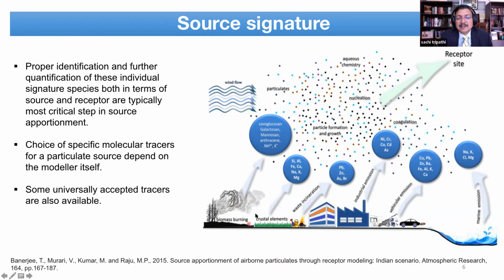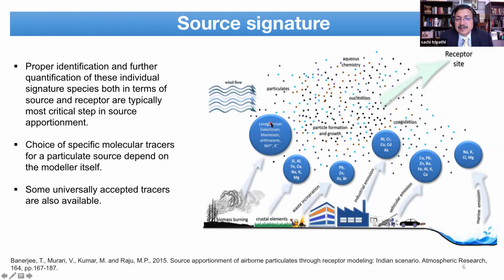There are biomass burning sources, there is land or dust coming from crustal elements, then you have something where solid wastes or municipal wastes are burned, that's waste incineration. Then you have a variety of industries, vehicular sources, and finally something coming from marine sources.